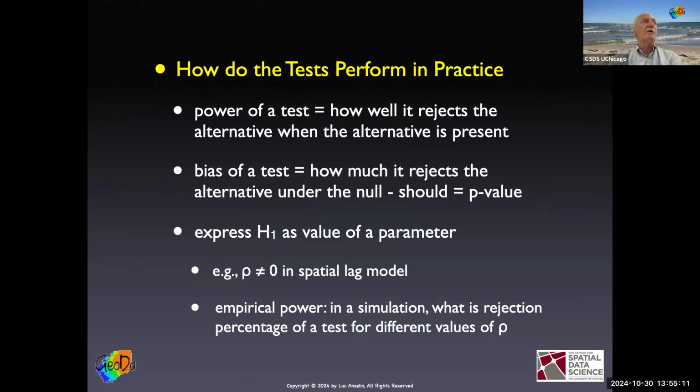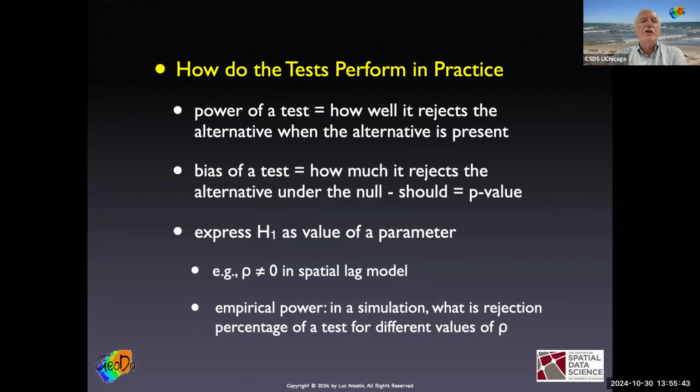That's the way I like to think of it. So the null is correct, but you reject it. But not very often. That's set by your p-value, right? So the smaller the p-value, the fewer times you're going to reject the null when you shouldn't have, right? But that has consequences because it has to do with the power of the test, which is kind of the complement: how well do you reject the null when the alternative is present.